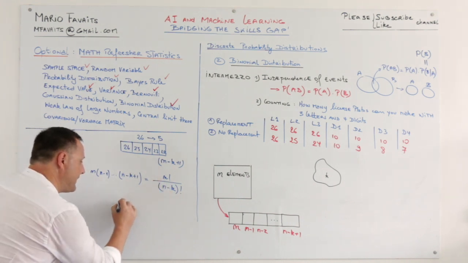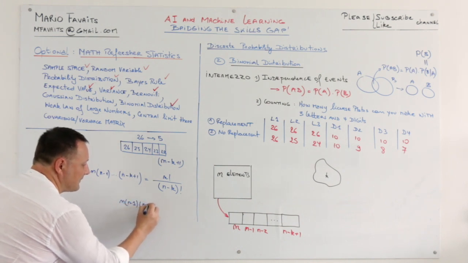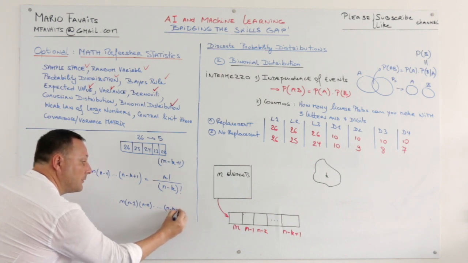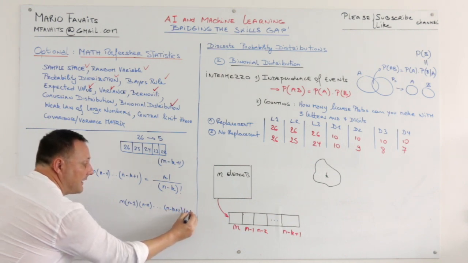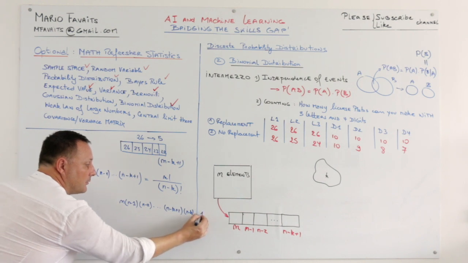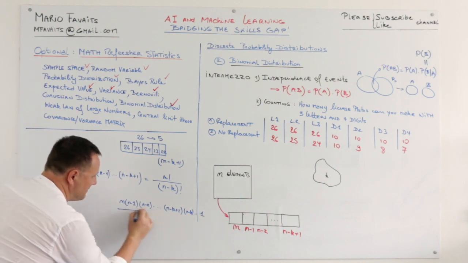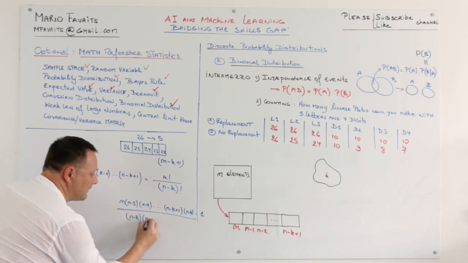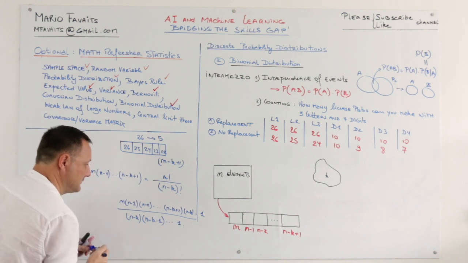On top we have n times n minus 1, n minus 2, all the way down to n minus k plus 1, n minus k, all the way to 1. And in the bottom we have n minus k, n minus k minus 1, all the way to 1.